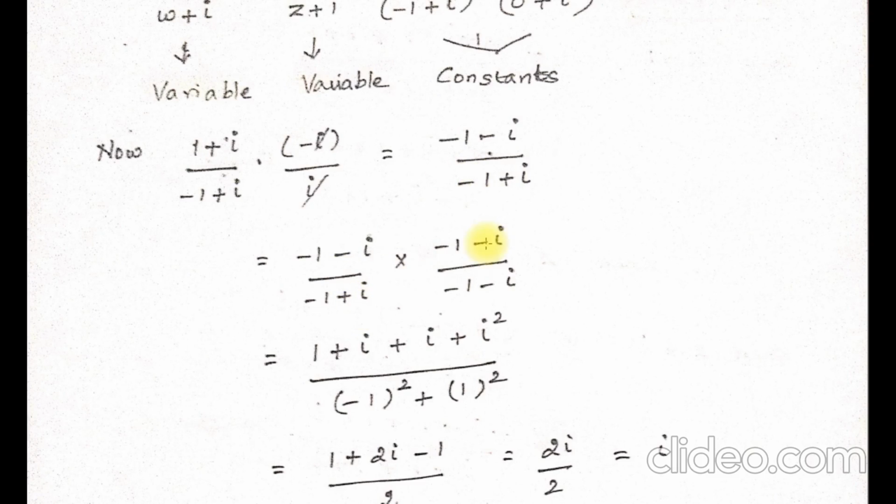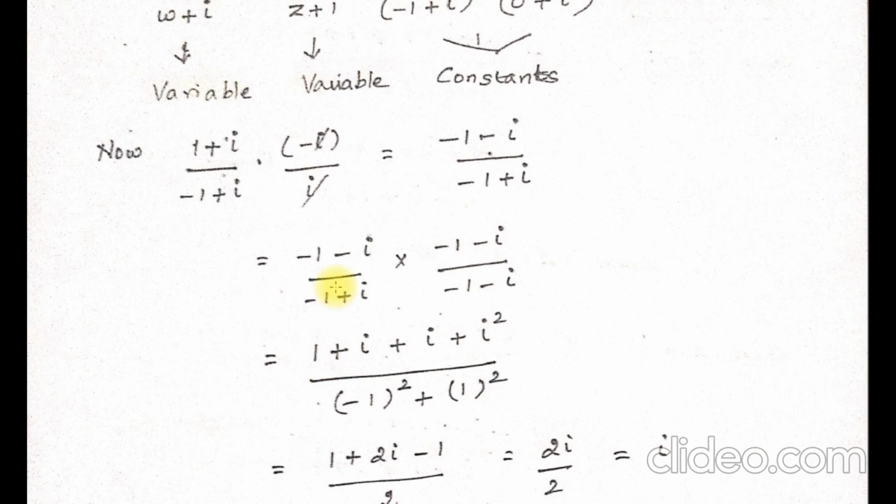The conjugate is nothing but we have to change the sign of the imaginary part. Here i is the imaginary part. So I am changing the sign to minus i. So I am multiplying and dividing by the conjugate.